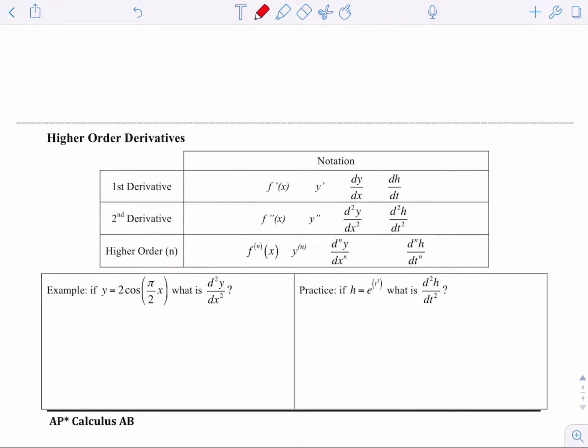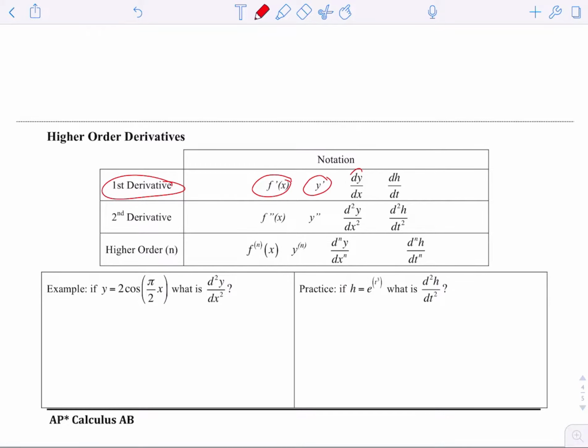Higher order derivatives. All right, so take a look at this first derivative section. We talked just before about f prime of x, y prime, we already know that. But these two new ones, dy dx, dh dt, and you're not limited to those either.